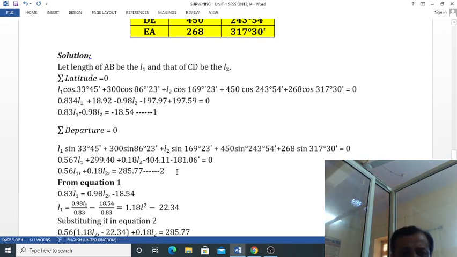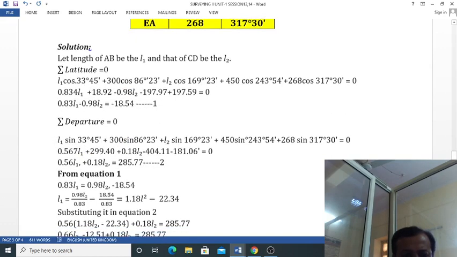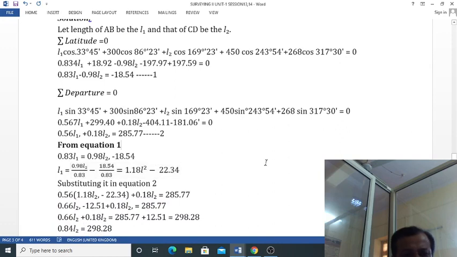Let us call this equation 2. Understood? Now let us solve these two simultaneous equations, equation 1 and equation 2. Either you can solve the two simultaneous equations, or you can also use the substitution method.